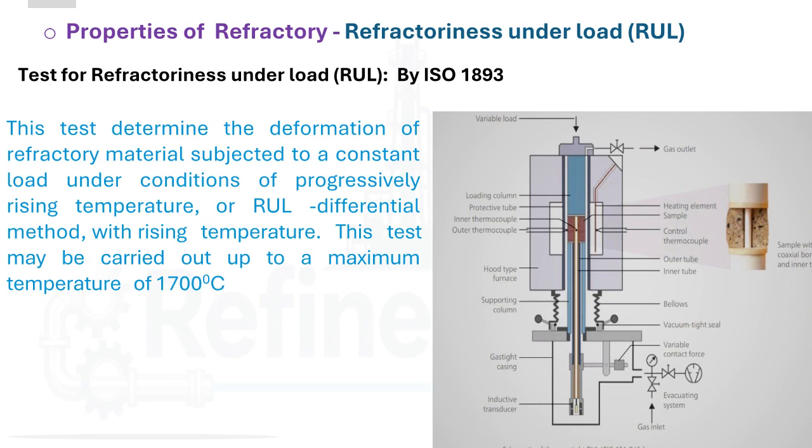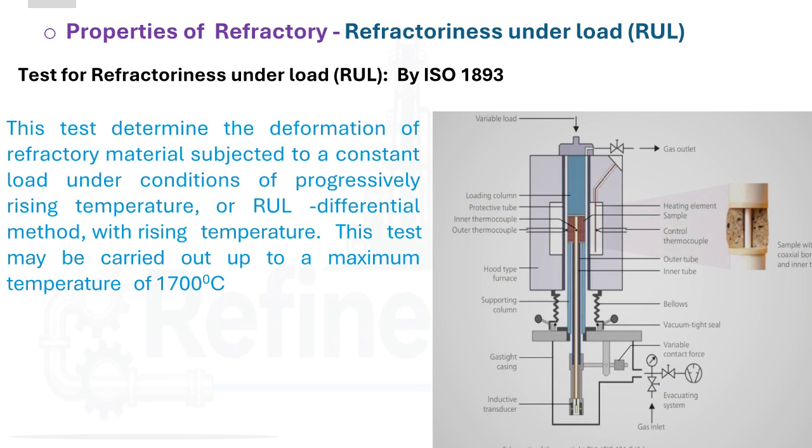The temperature schedule is straightforward but strict. The sample is heated under a controlled program until either the maximum permitted temperature, typically 1700 degrees Celsius, is reached, or the subsidence, meaning downward deformation, exceeds 5% of the initial height.